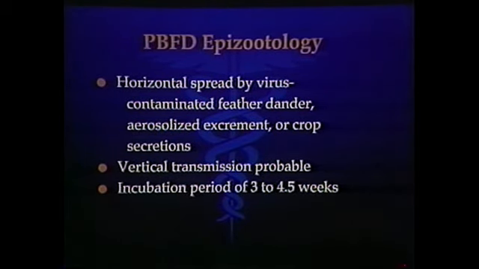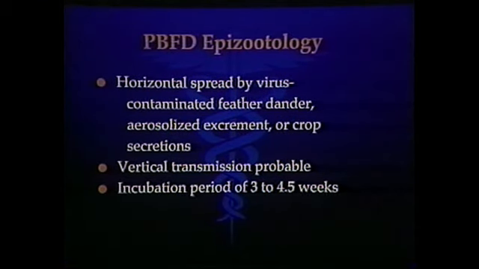Psittacine beak and feather disease virus is spread horizontally, primarily by viral contaminated feather dander. And dander can be obtained from air filtration systems, and the virus can be shown within that detritus. Also, the virus can be spread by contaminated excrement or crop secretions.